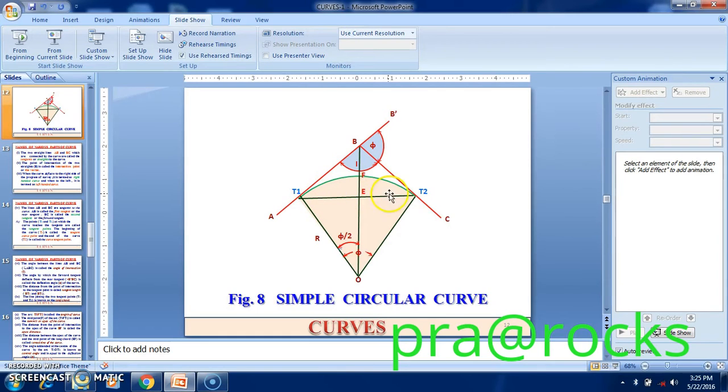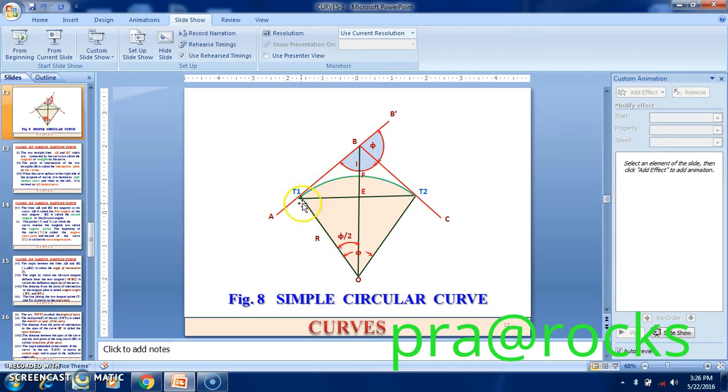Then angle ABC is the angle of intersection for this curve, and it is represented by I. And angle B'BC represents the deflection angle for the curve, termed phi.